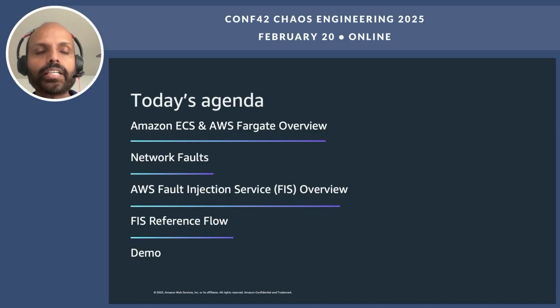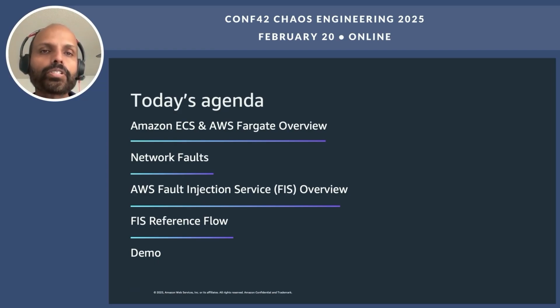Now let's see the agenda. We'll start with an overview of Amazon ECS and AWS Fargate, options you have to run container workloads in AWS. We'll then see some of the network faults that you might have seen in the real world. We'll look at an overview of FIS and the various features and components that the service has and supports.